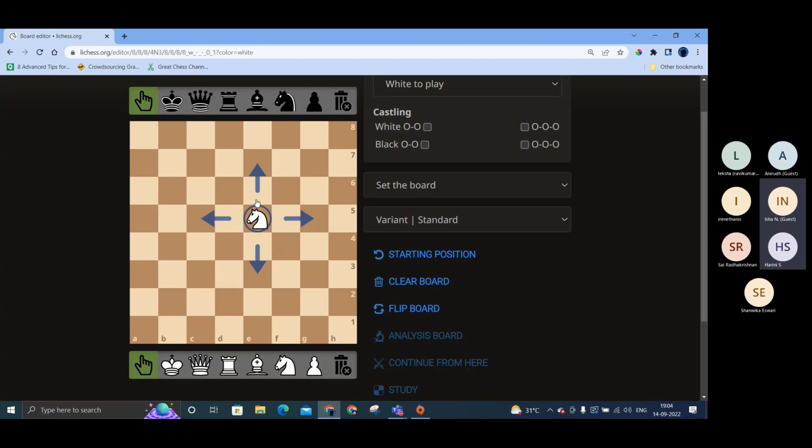But the 2 steps should be continuous steps. Only after 2 steps you have to turn. 2 steps continuously, then take a turn and land here. So this is a landing square.